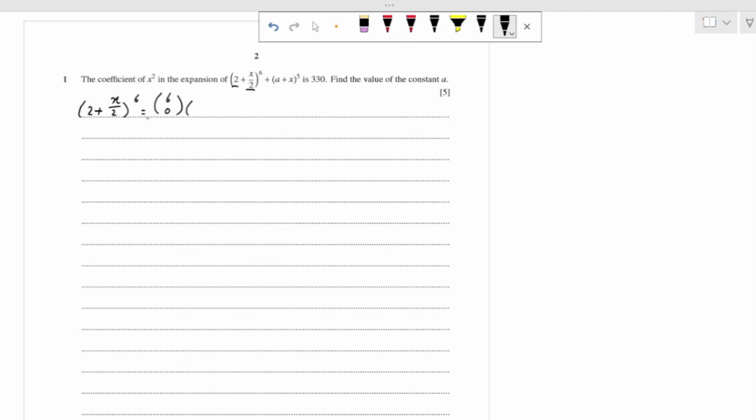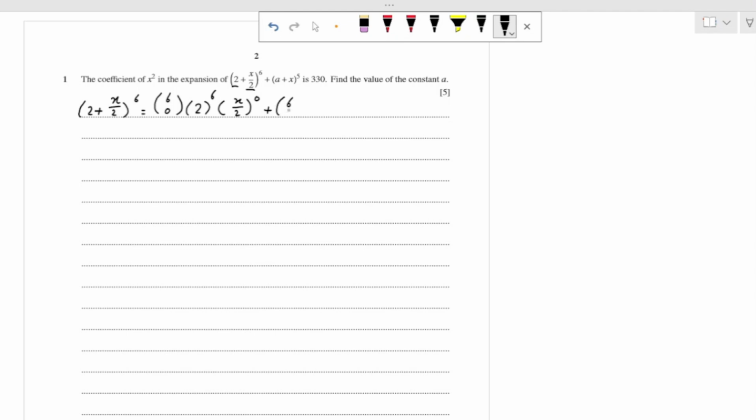You could type it by pressing the nCr button and replacing n with 6 and r with 0 to get the coefficient value. And we write the first term, which is 2 raised to the initial power, that is 6, and the second term, x over 2, that will have power 0.